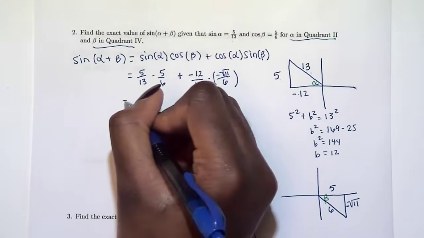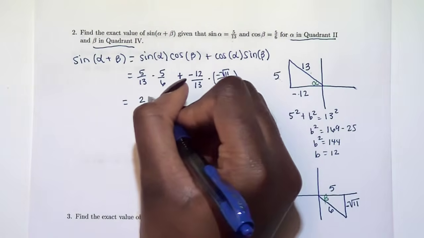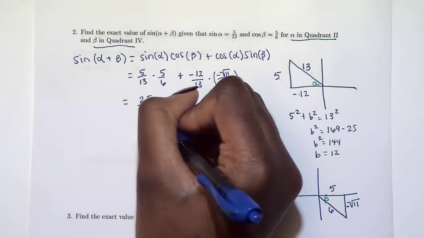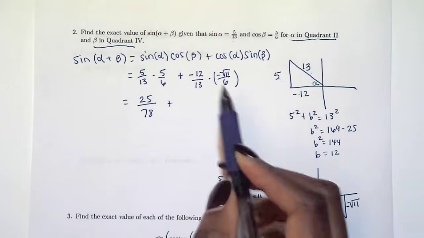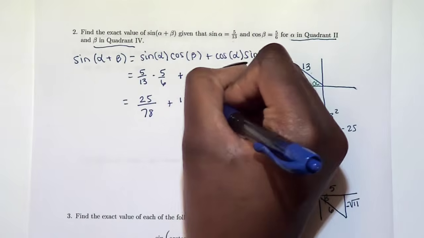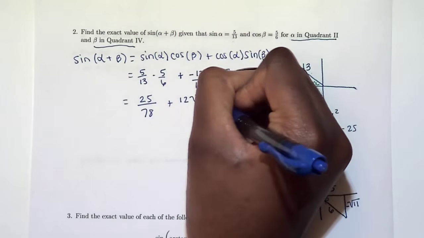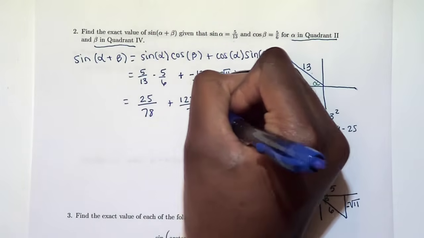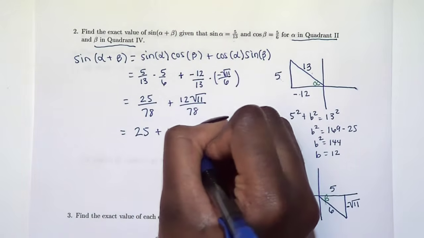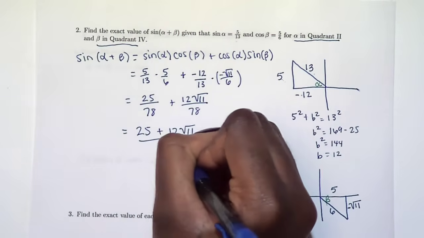Now we just got to multiply and add. 5 times 5 is 25. 13 times 6, not sure, calculator, it's 78. Negative 12 and negative root 11 is 12 root 11. 13 times 6 is 78. So final answer, 25 plus 12 root 11 over 78.